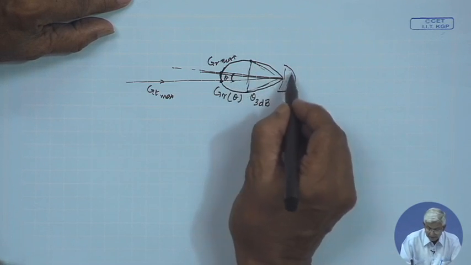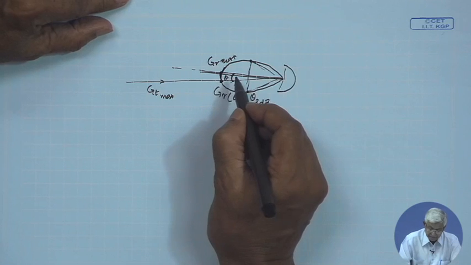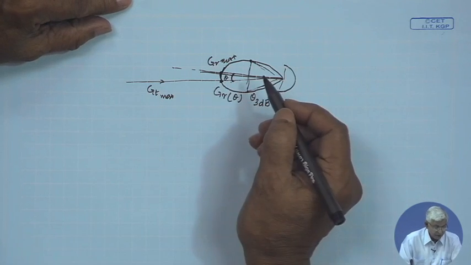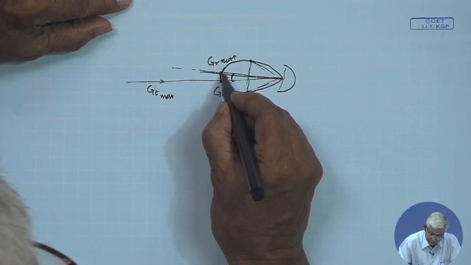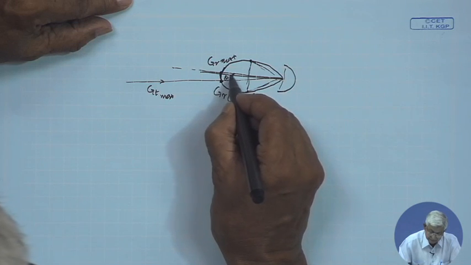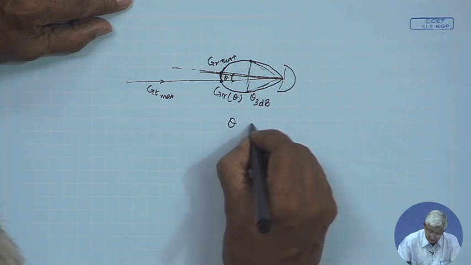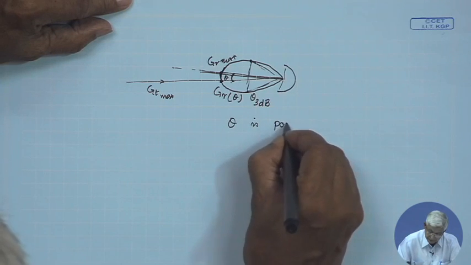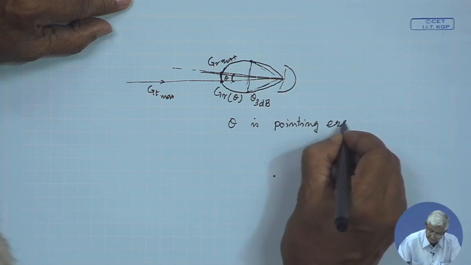Now, normally this parabolic antenna has a typical pattern near the maximum. So, that can be modeled, and error from the maximum by theta is the pointing error in this case.